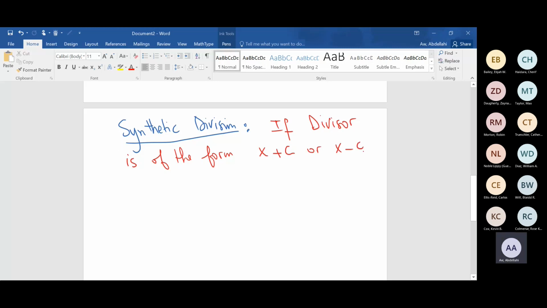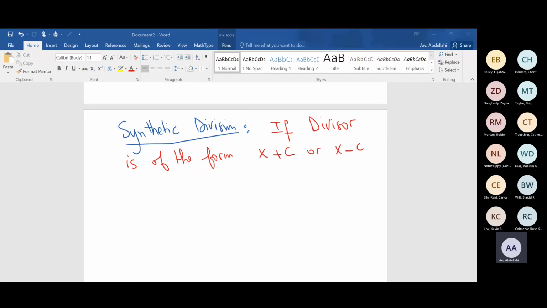We're going to apply this way of dividing, which we call the synthetic division, when the divisor is linear, x plus c, x minus c. Again, we're going to see together how to set up that division.